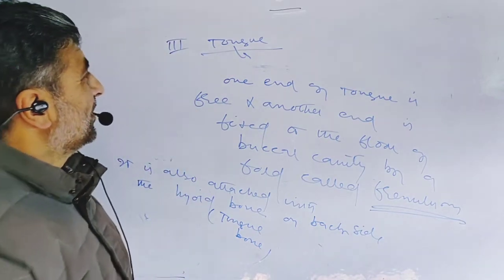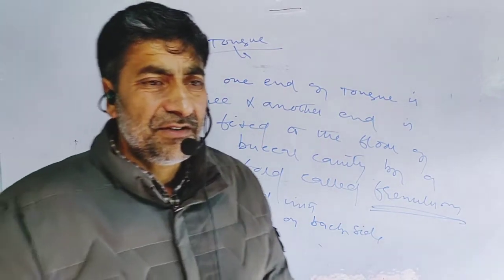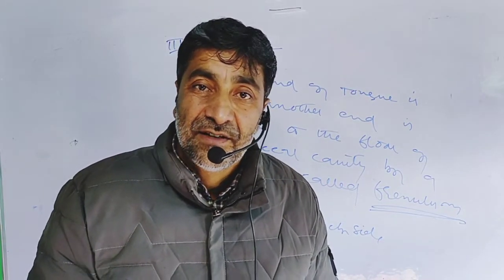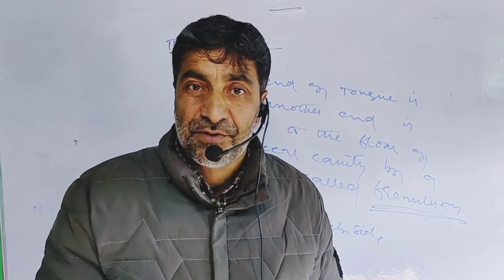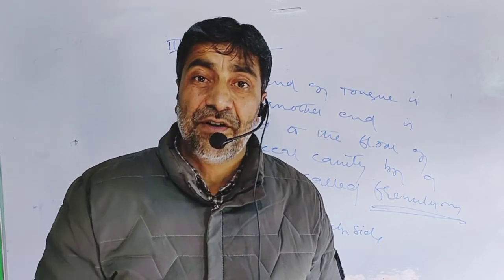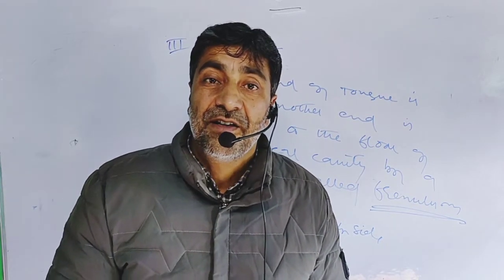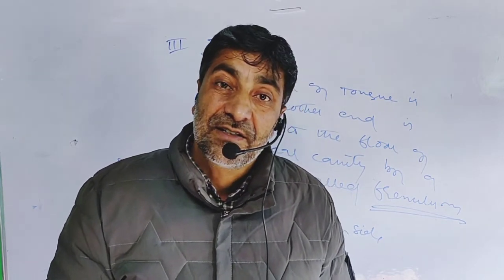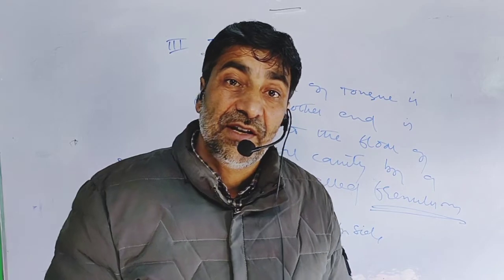Now the dorsal surface of the tongue has V-shaped furrows. Such V-shaped furrows are called the sulcus terminalis.